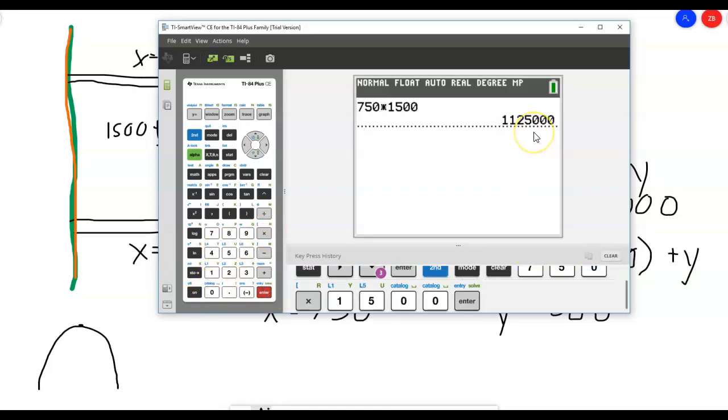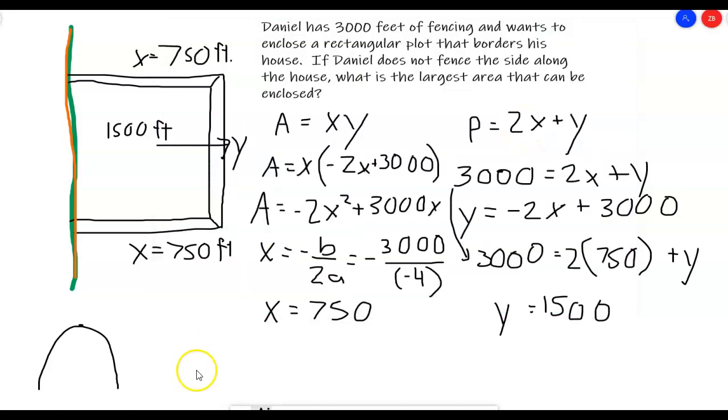And I get a pretty big number, 1,125,000. So the area is equal to 1,125,000 square feet. I can just write that as feet squared.